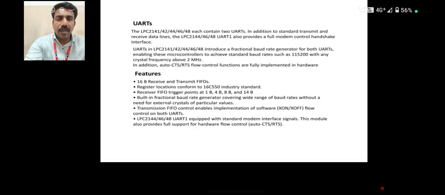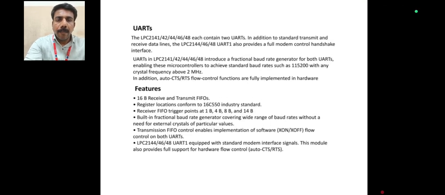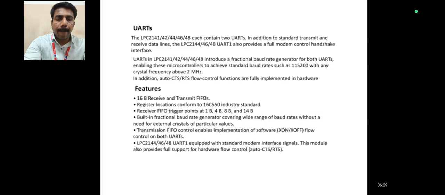It has features such as 16-byte receive and transmit FIFOs. It has a built-in fractional baud rate generator. It has receiver FIFO, first in first out, trigger points. It has a transmission FIFO control enable.